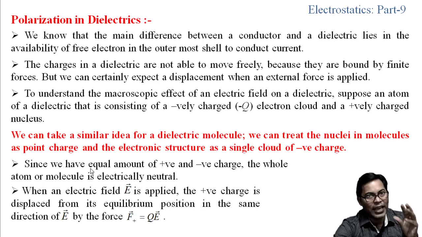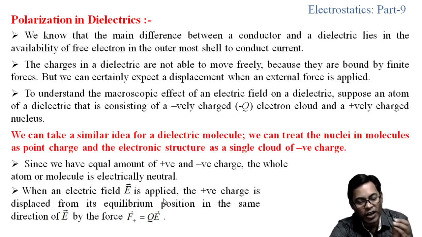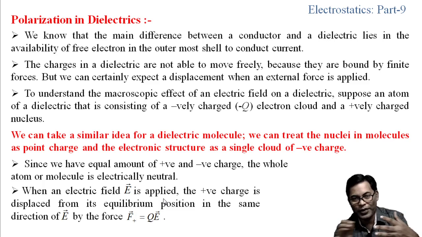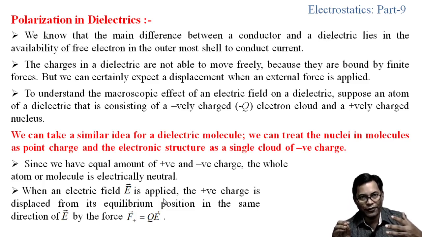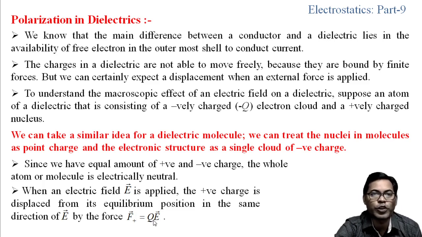Now if we apply the electrostatic field to that atom or molecule of the dielectric, then the positive charge is displaced from its equilibrium position, the center, in the same direction as the electric field. That means the nucleus will be displaced from the center of the molecule in the direction of the external electric field, by the force F plus equals QE.